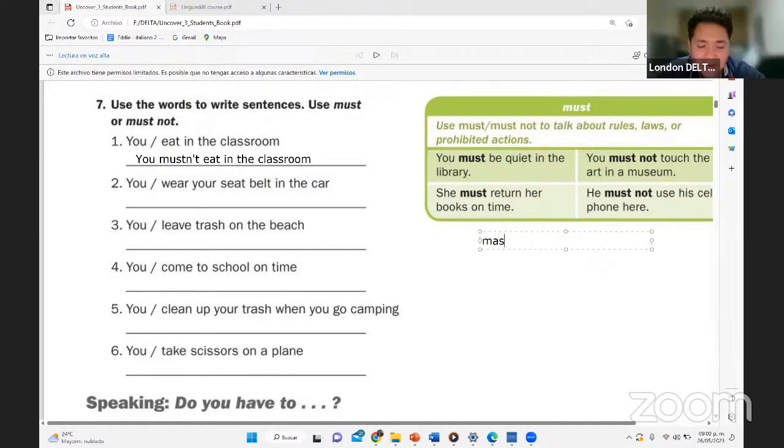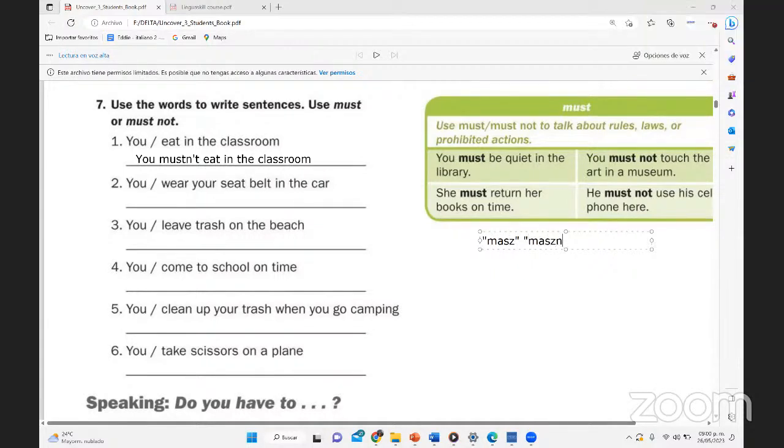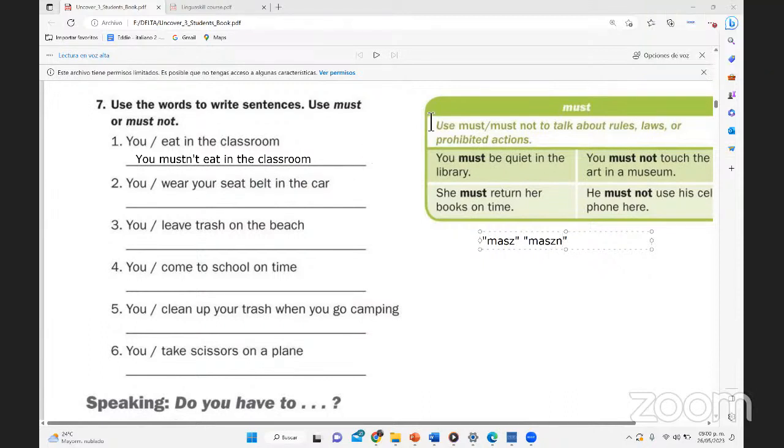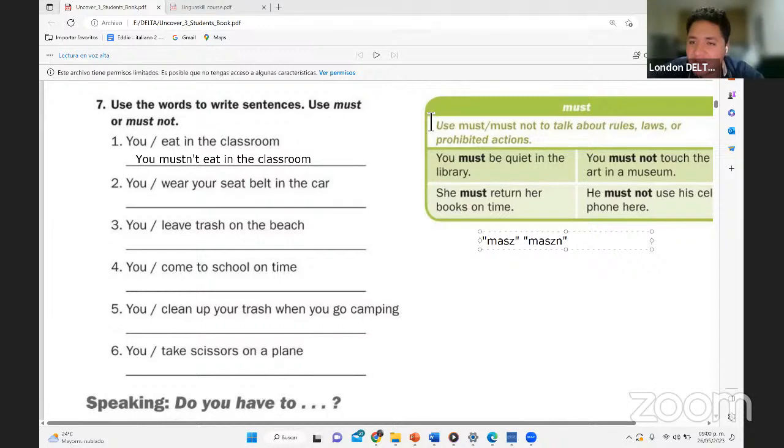Entonces, vamos a decir "you mustn't" sería el negativo. "Mustn't". "Mas" y "mustn't". Muy bien. "Mustn't eat in the classroom". Excellent pronunciation. Muy bien. Vamos a pedirle ahora a Julian. Please help us with number 2.